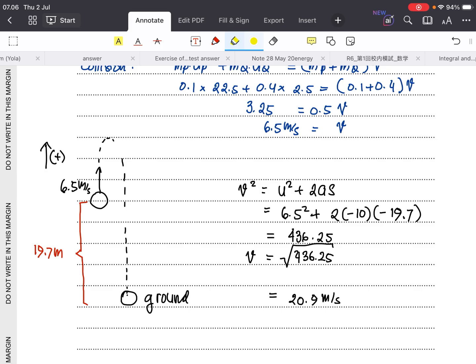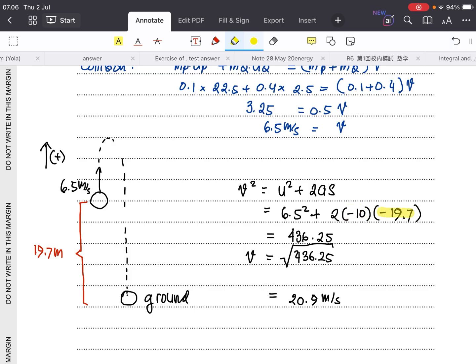So in order to find the speed of the particle when it hits the ground, we use the formula V squared equals U squared plus 2AS. And then the agreement for the positive direction, we are using upward direction as the positive direction. So the acceleration is negative since the gravitational acceleration is always downward.